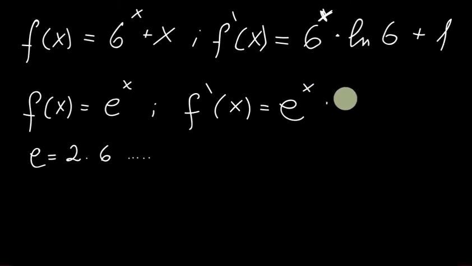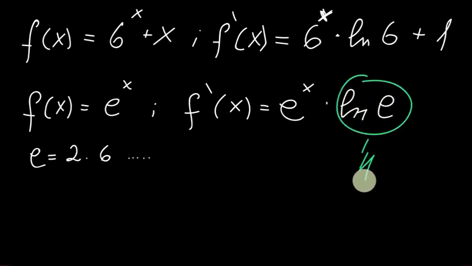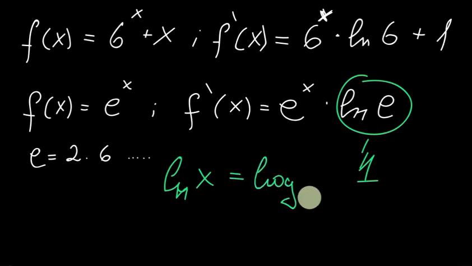This is because if we are using the same formula as we did for this, we would get that we're multiplying a natural logarithm of e, and a natural logarithm of e is equal to 1, because a natural logarithm of some number is the same thing as logarithm with the base e of that number.